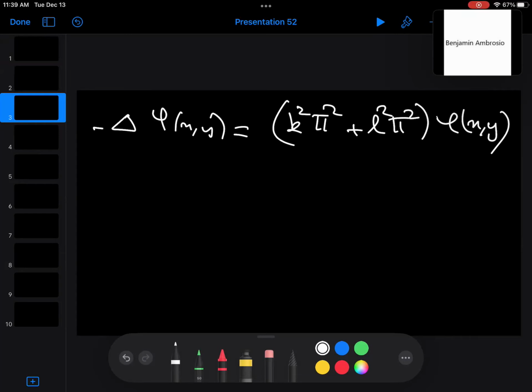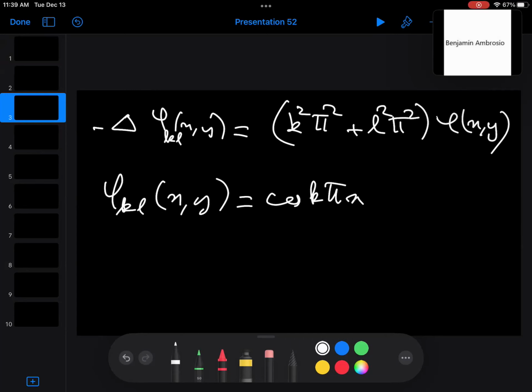So I should write it k L. So those are eigenfunctions of minus Laplacian.